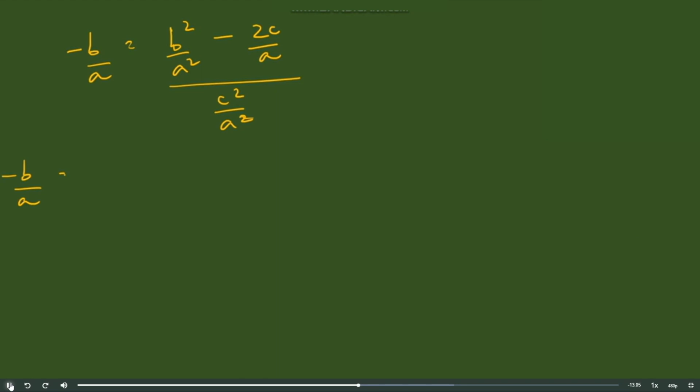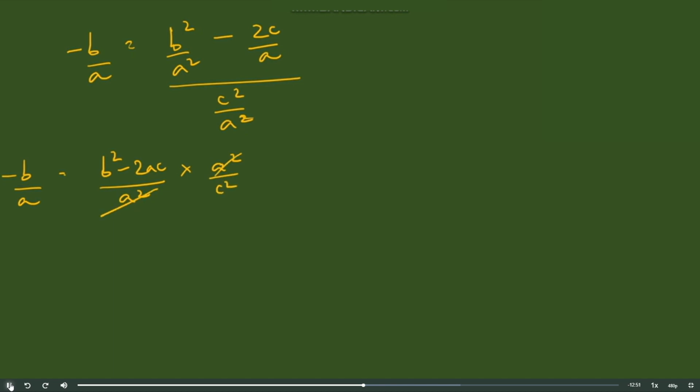Okay. Let us take this equation here, minus b by a. I'm going to rewrite it: minus b by a is equal to b square by a square minus 2c by a, whole divided by c square by a square. Let us take the LCM here, a square: b square minus 2ac, into a square by c square. When I take it up, I will bring it to the reciprocal.